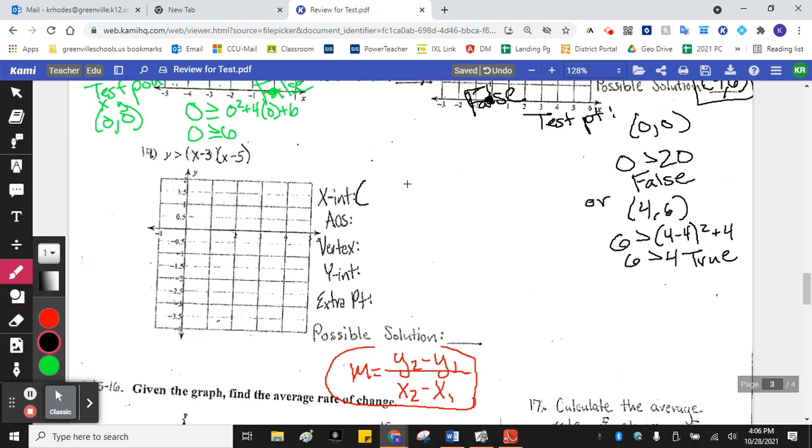Factored form. P is 0, 3 and Q is 0, 5. So 3, 5. So our line of symmetry is at 4. So that's where our vertex is. 4, plug it in.